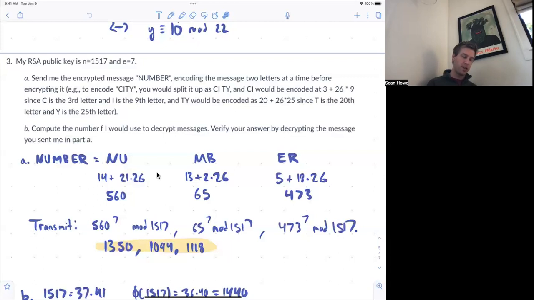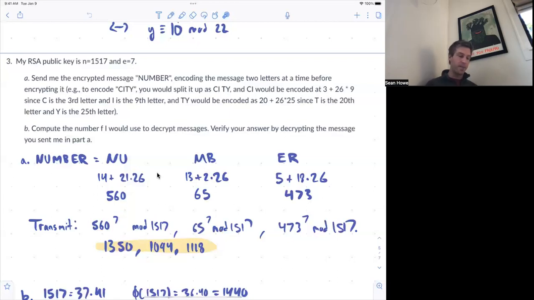So 560, if I want to transmit that, what I actually send is 560 to the 7th power modulo 1517. So that 7 is the E in my public key, and N is 1517. So I have to compute 560 to the 7 mod 1517, 65 to the 7 mod 1517, and 473 to the 7 mod 1517.